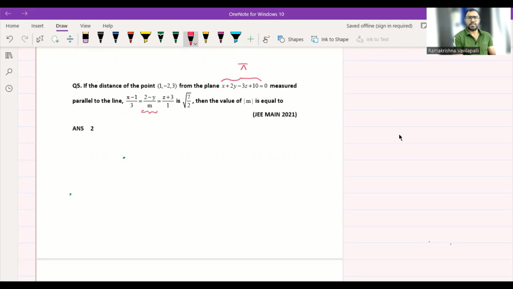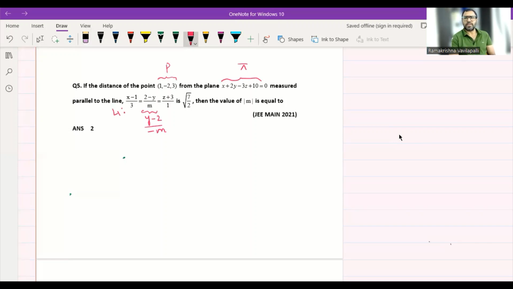Observe clearly. We have to rewrite the middle term y minus 2 by minus 7. So first we will write the equation of the line passing through the point P and parallel to this line L1. Assume this is line L1.